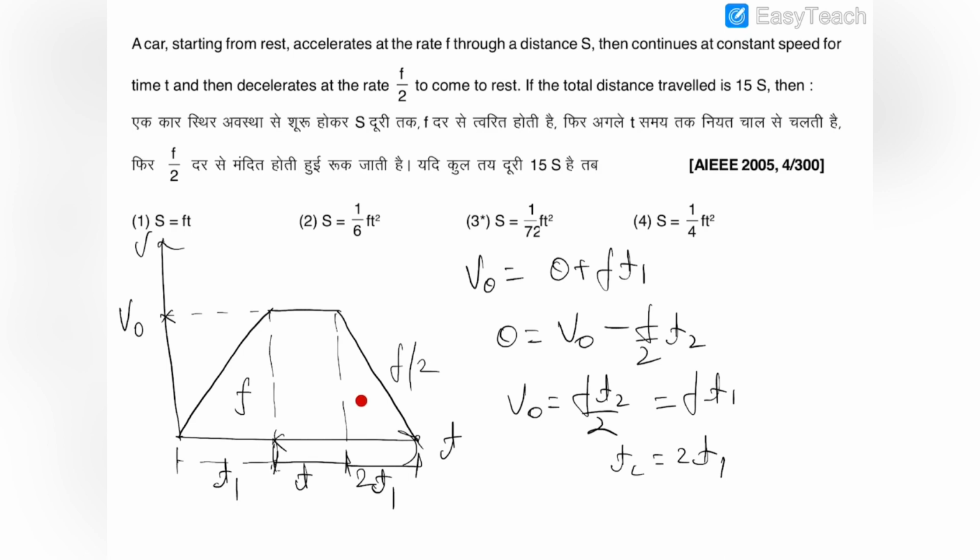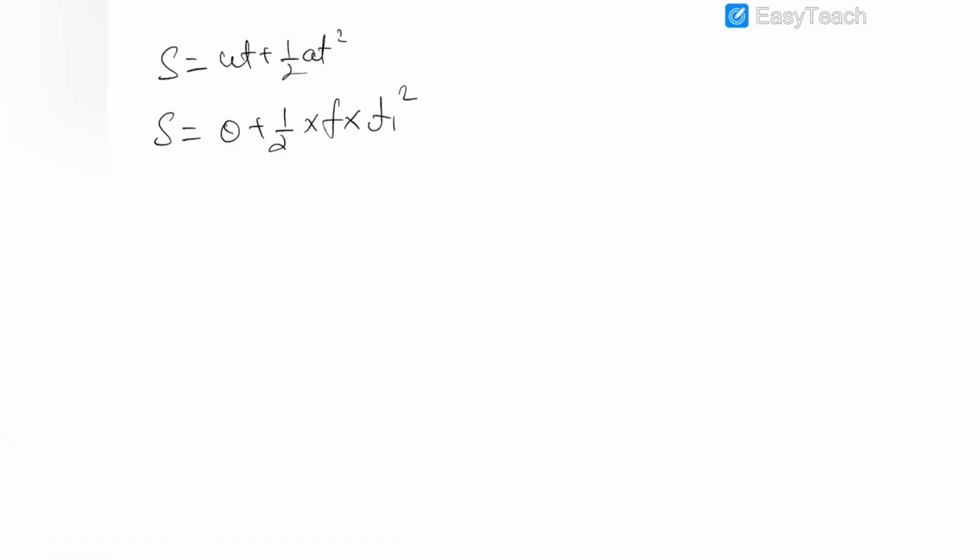And for the third part, we can find out s3. So s3 will be equal to ut minus half at square, or we can directly use the equation number 3. It would be more convenient to use v square is equal to u square plus 2as for the third part.